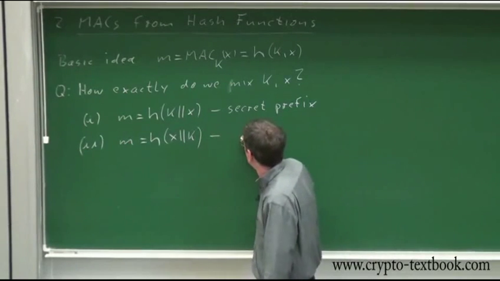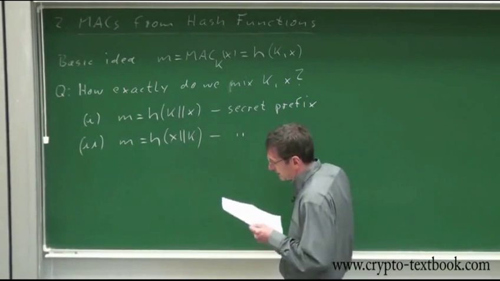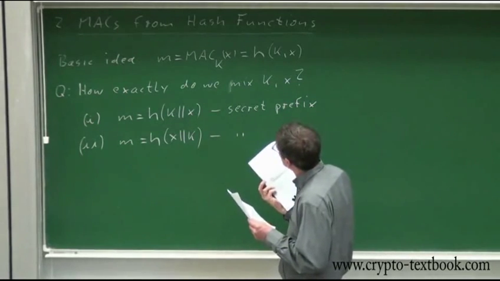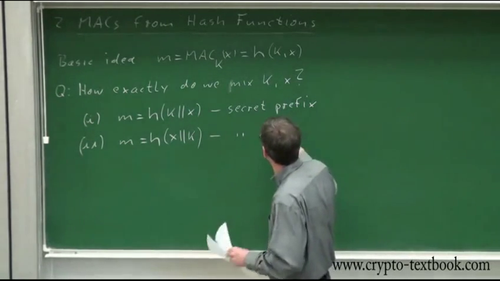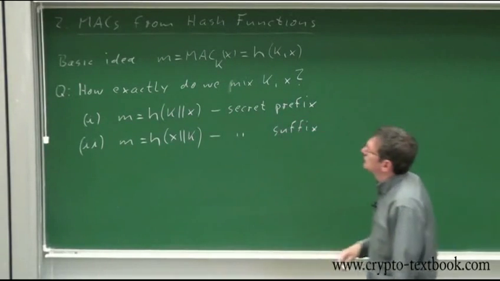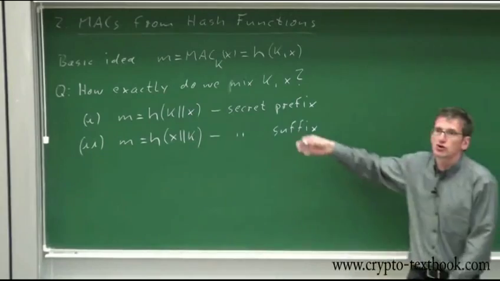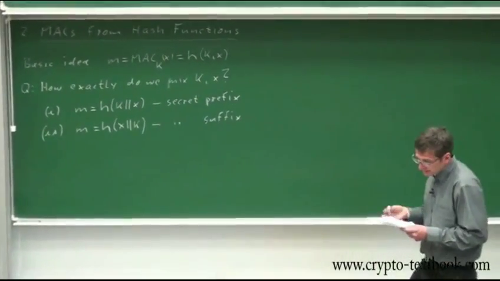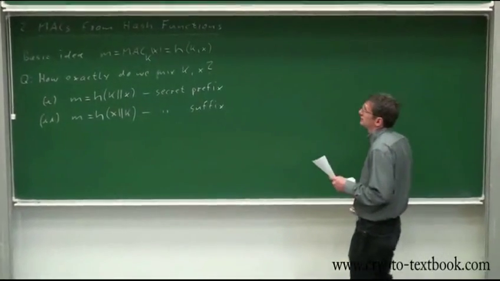The key is first. And this is secret Nachsilbe, secret suffix, I think it's called. So what we're going to do now is show weaknesses of both. I think it's kind of a fun thing to see, and then we find a way to repair the whole situation.